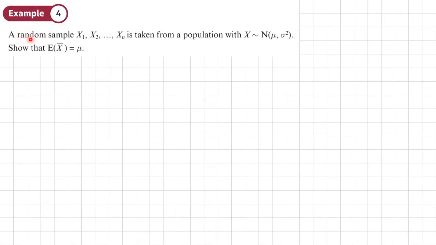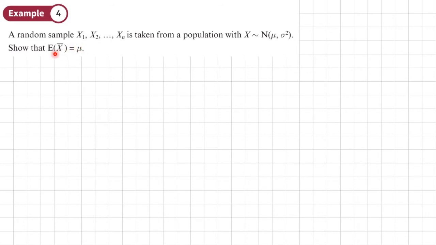Example 4. A random sample, so x sub 1, x sub 2 up to x sub n, so a sample size of n, is taken from a population with x normally distributed and a population mean of mu and a population variance of sigma squared. Show that E of x bar equals the population mean mu.